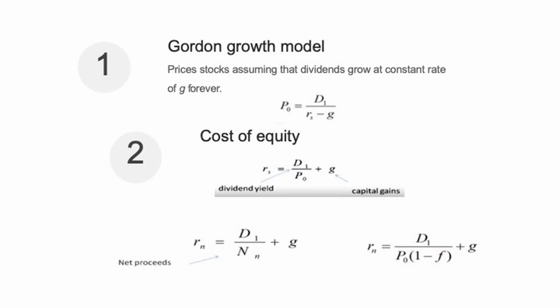If we want to figure out the cost of new issues of common stock, we need to modify the previous equation. It basically looks the same, but instead of calling it Rs, we're going to call it Rn, the cost of new issues, and D1 is divided by Pn instead of P0, where Pn is the net proceeds that the firm receives from issuing these shares.